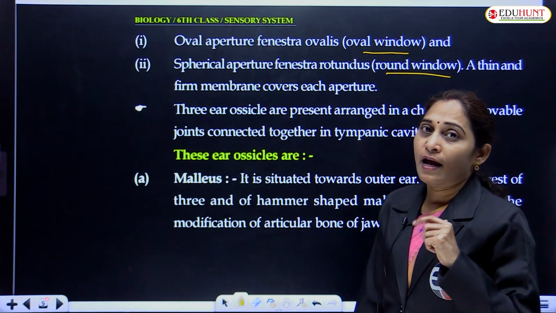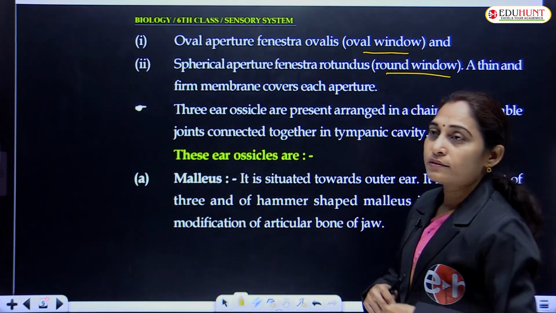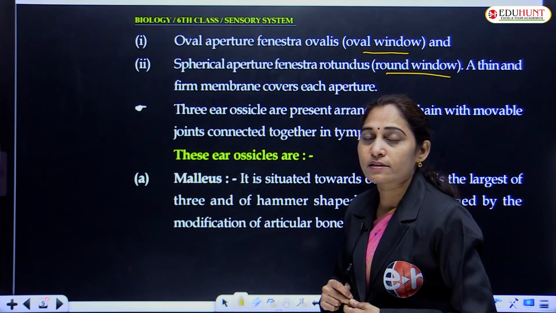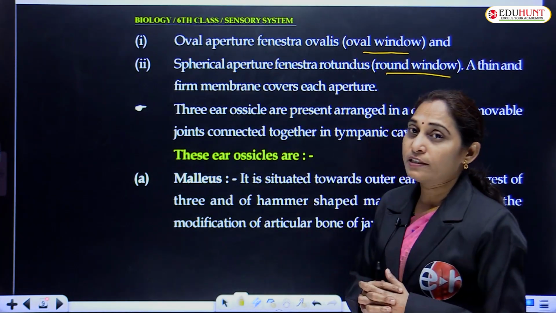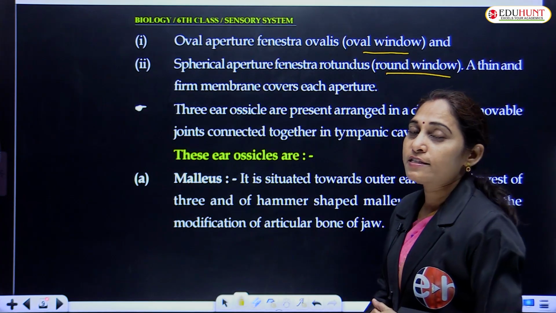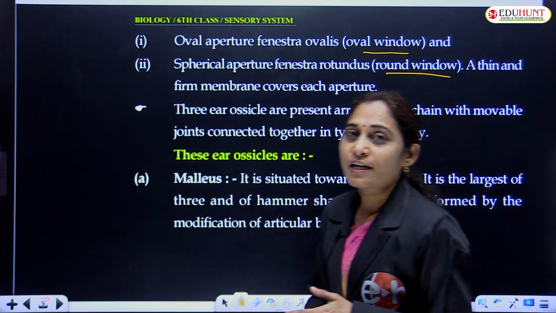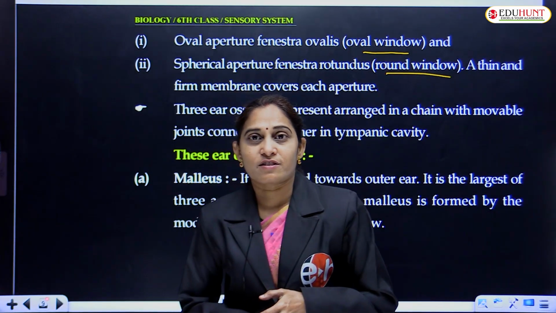A thin and firm membrane covers each aperture, and there are three ear ossicles present in the middle part of the ear. These three ear ossicles are malleus, incus and stapes.